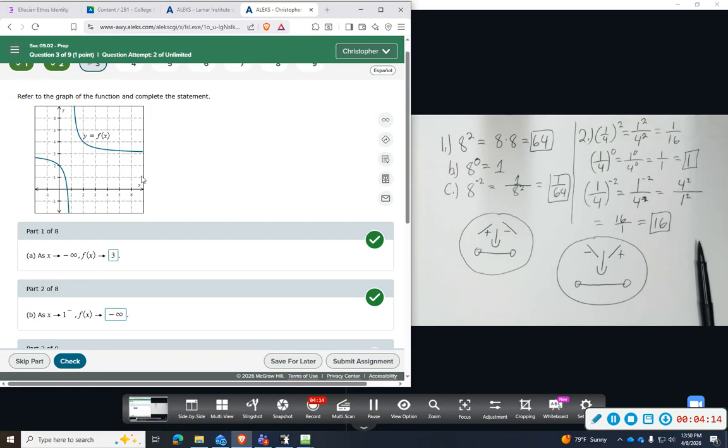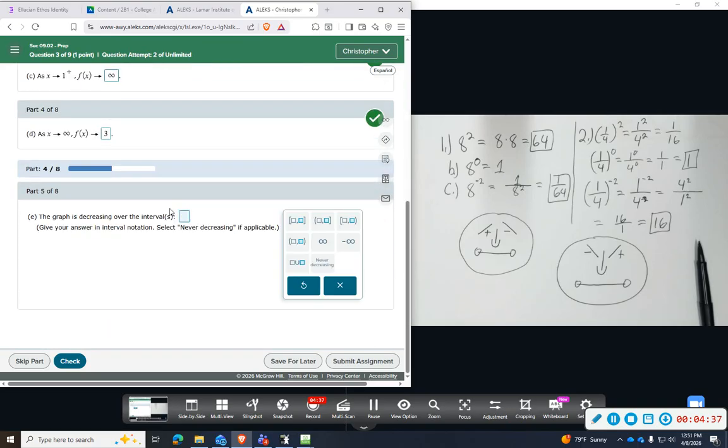So going left to right, this graph is decreasing the whole time. So we're going to say, since this number 1 is not crossed, starting from negative infinity until we get to 1, it is decreasing. And then from the other side of 1 all the way to positive infinity is still decreasing.